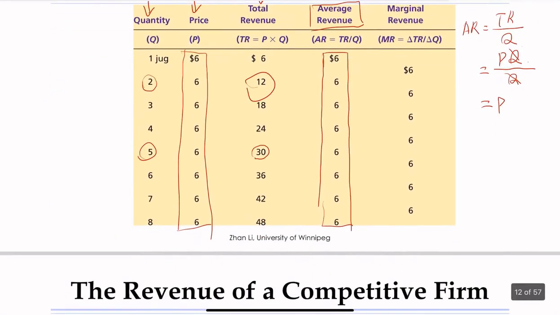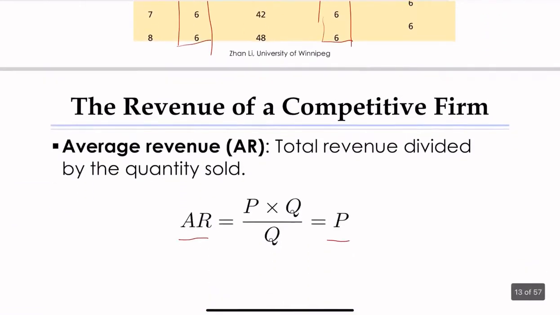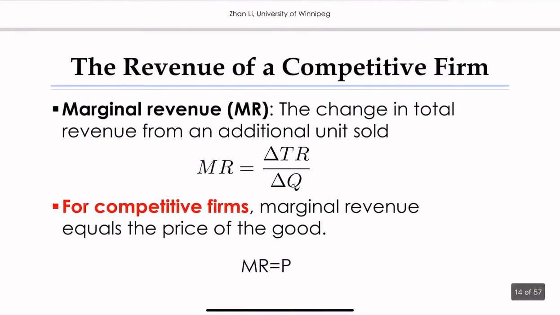Now let's look at marginal revenue. First, let's define marginal revenue. Well, we have defined several marginal quantities, right? Marginal product, marginal cost. So if you understand marginal product and the marginal cost, then it should also be easy for you to understand marginal revenue.